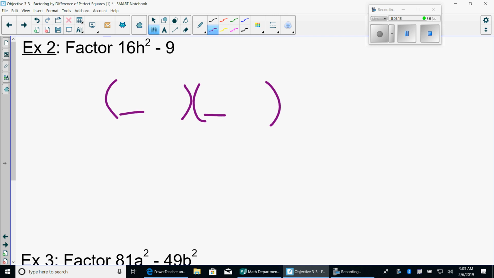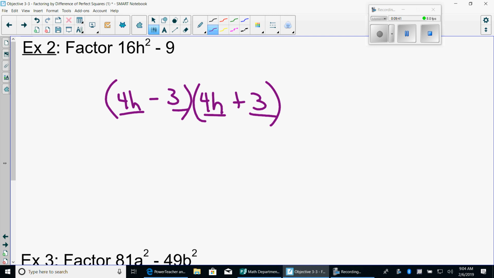First times first is 4h times 4h, and then last times last is negative 3 and positive 3. Question of the day, what's one of the factors? 4h minus 3. What's the other factor? 4h plus 3.